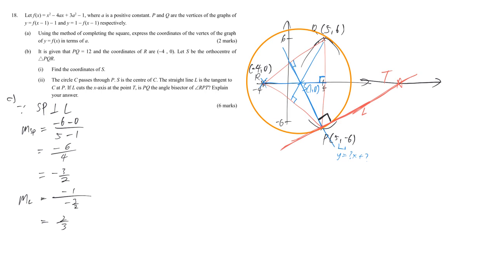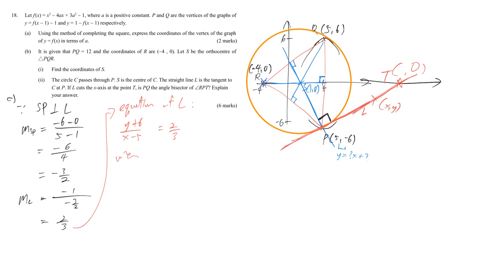So this is parallel to RQ here, because this angle is 90, also this angle is 90. So based on interior angles, then these two are parallel. That makes sense. And then again, we just need the equation of L this time. Our point pass through this, so again we prepare xy general point to express it. Y plus 6 over x minus 5 is equal to 2/3. Basically, you don't need to tidy up, and then we just need to consider the situation when y is equal to 0.